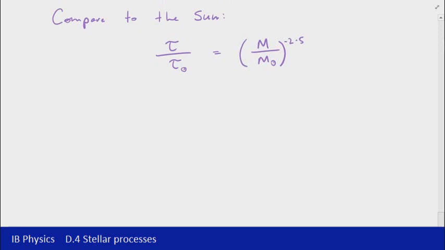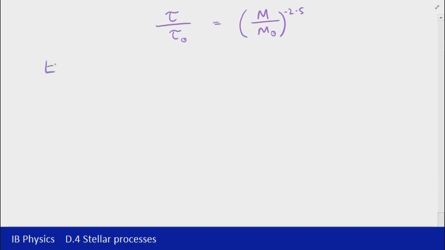So if we look at an example, let's imagine we have a star with 5 solar masses. So 5 solar masses being 5 times the mass of the Sun. That basically means it has 5 times the initial amount of hydrogen as the Sun.